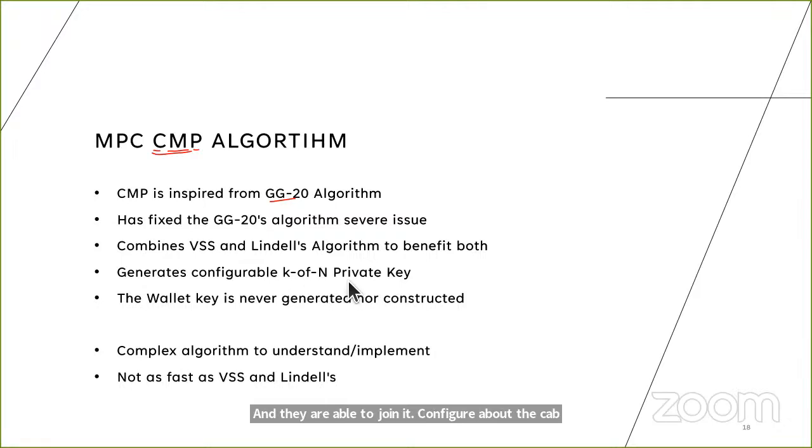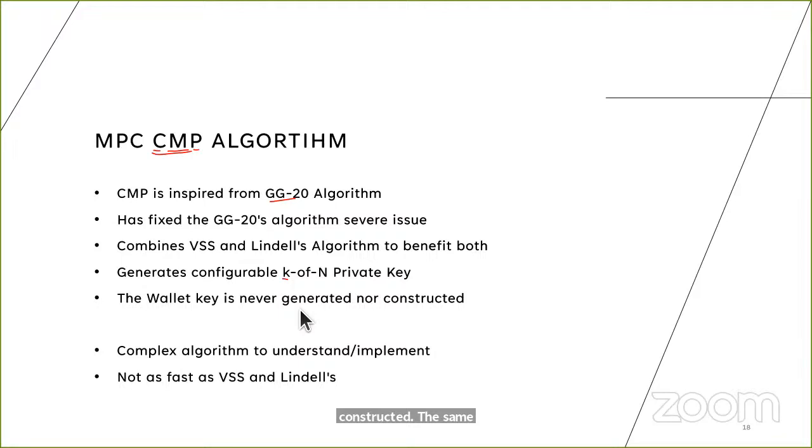So we can have an MPC network of n parties, and each time we sign a message, we only need k parties out of n. And again, in this algorithm, in contrast with VSS, the wallet key is never generated nor constructed, the same as Lindell.